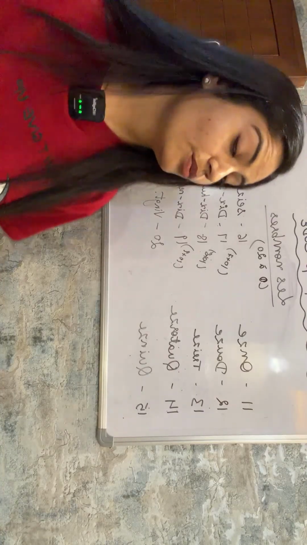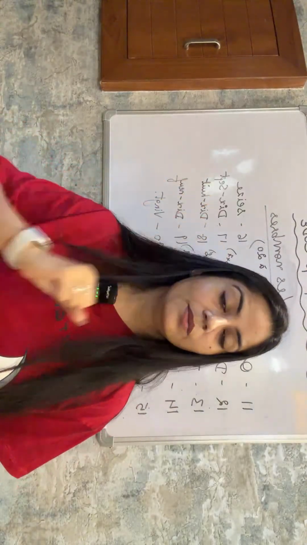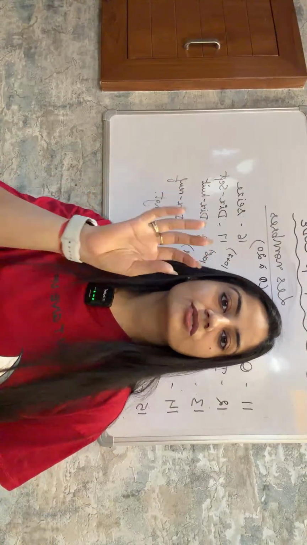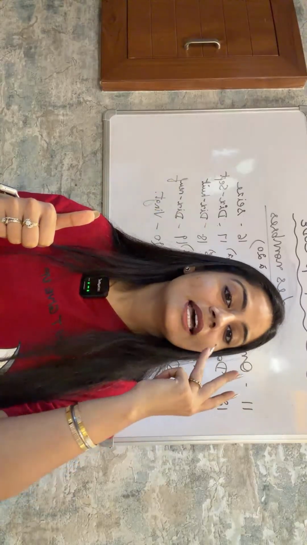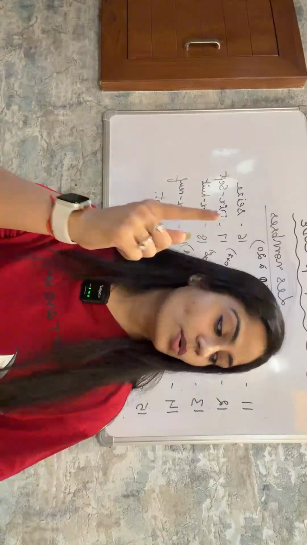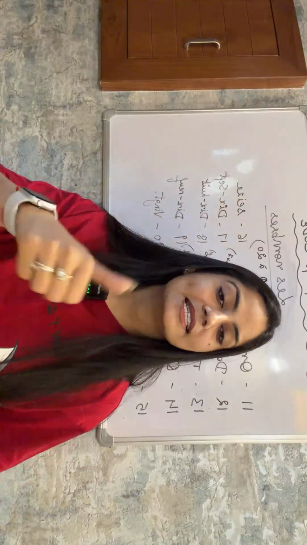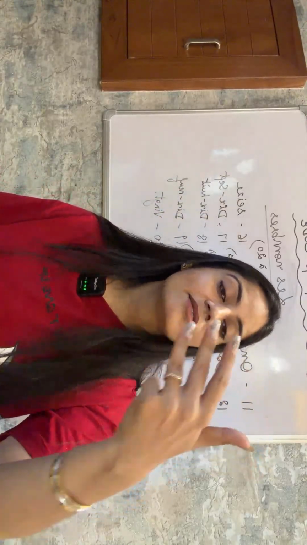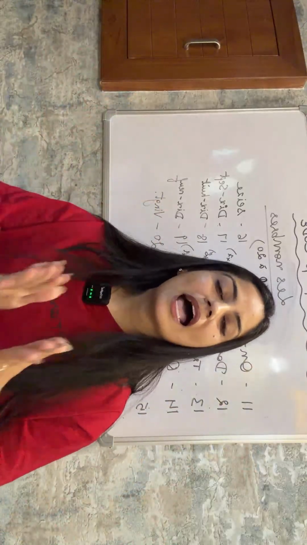So let's repeat 1 to 20 on fingers. 0, 1, 2, 3, 4, 5, 6, 7, 8, 9, 10. Now, 11, 12, 13, 14, 15, 16, 17, 18, 19, 20. So, this is all about les nombres 0 à 20.